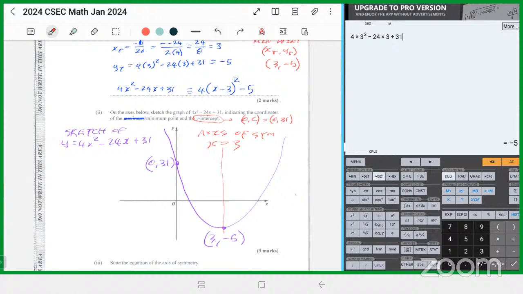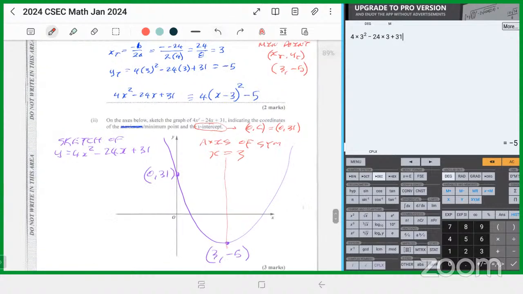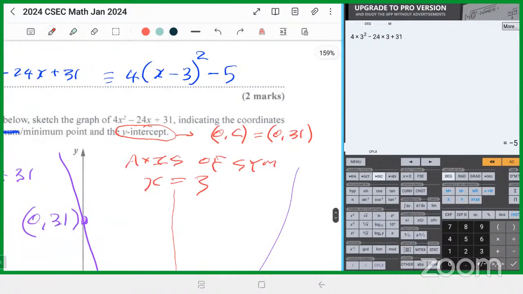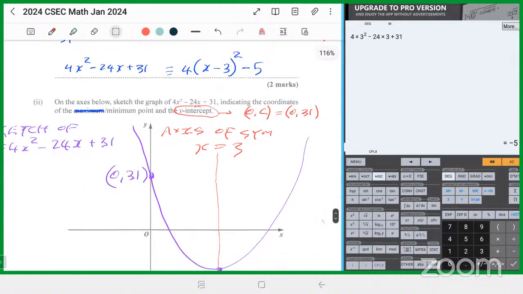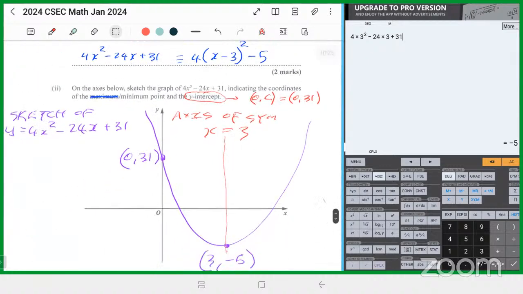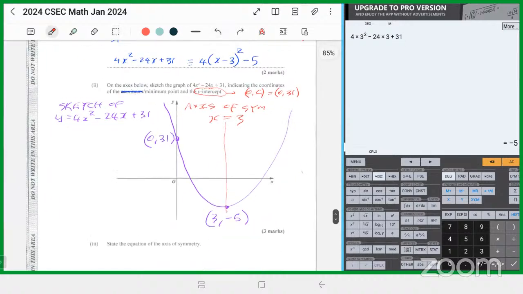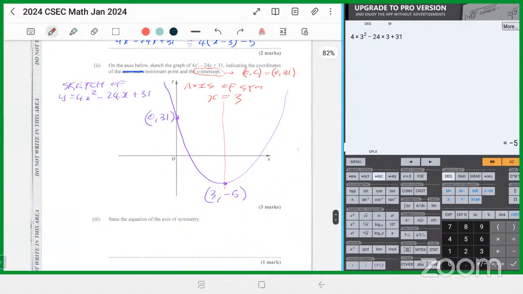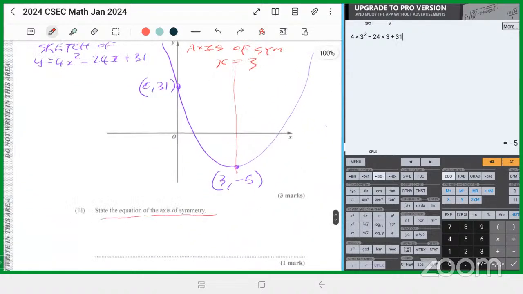All right, so basically that is it. Just zoom this up and shift this over. They didn't really ask for this, but it's good because they could have asked for it. This red line is the axis of symmetry right here. I think that finishes this question. Nope. Oh, state the equation of axis of symmetry.